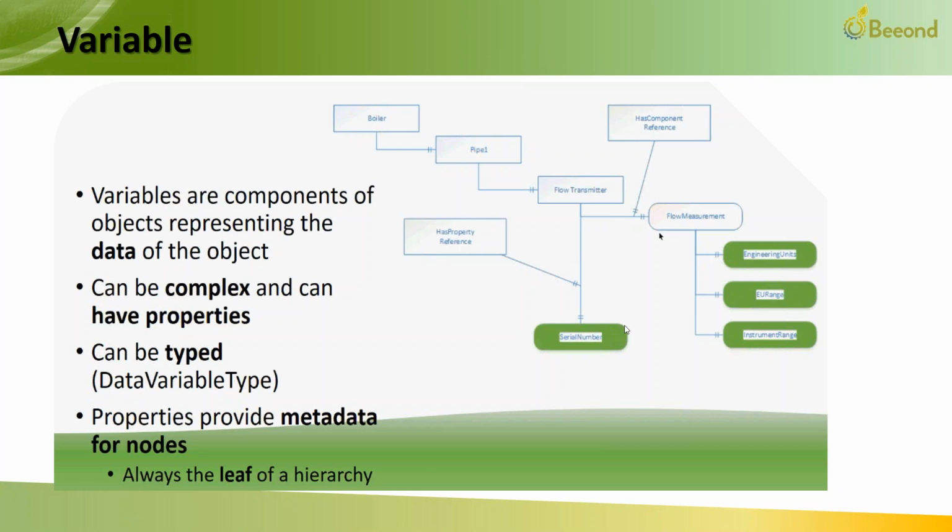That's the property. Whereas the flow measurement is a component. So there's a further qualification here of the reference type. One is a HasProperty reference. One is a HasComponent reference.